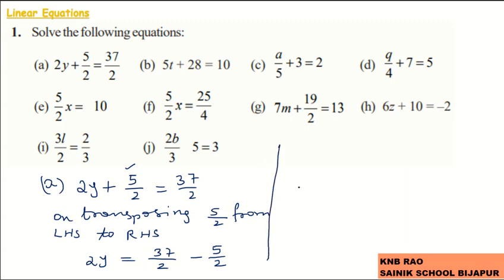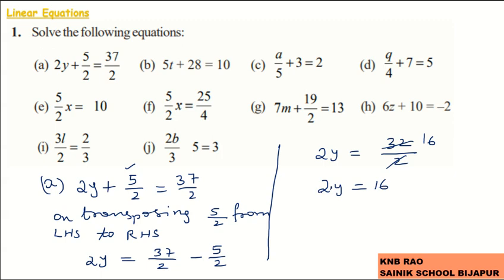So further simplification: 2y equals 32 by 2, which gives 16. So 2y equals 16.